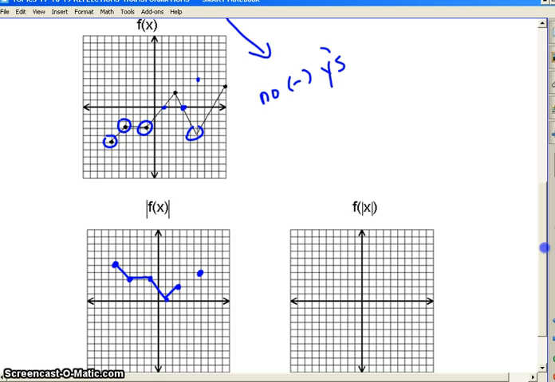So that's at x equals 4 approximately. So that point needs to stay there. And then this point right here needs to stay. Okay, and that's approximately at 8. So that point needs to stay. And then 10, 3.